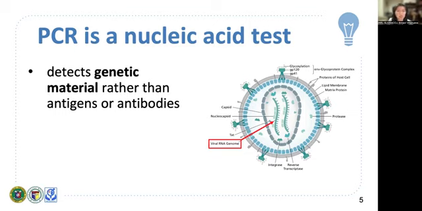But for PCR, what we are interested in is inside your nucleocapsid, and definitely inside your cell membrane, your viral RNA genome. So this is the interest in your nucleic acid test.